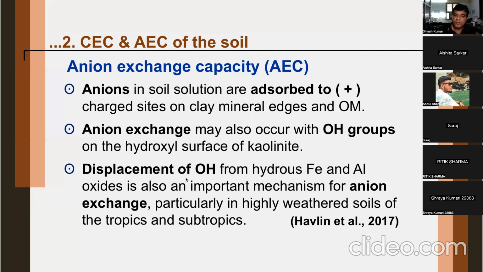Displacement of hydroxyl from hydrous iron and aluminum oxides. You know what are hydrous aluminum and iron oxides? Suraj, can you tell me the formula? Just tell me what is iron oxide hydroxide. OH minus, sir.